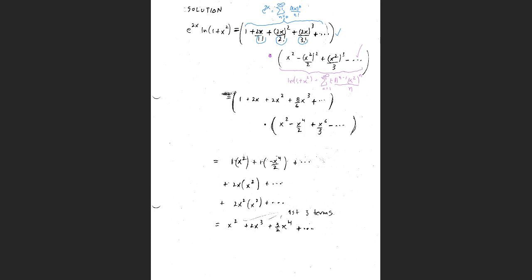In the numerator, we have 2x squared, 2x cubed. So I simplify the terms for that first series, and now I'm taking this first series times the second series. The best way to think about this is the following.